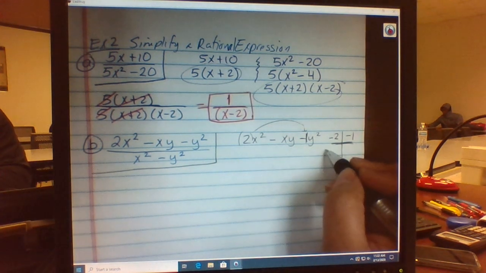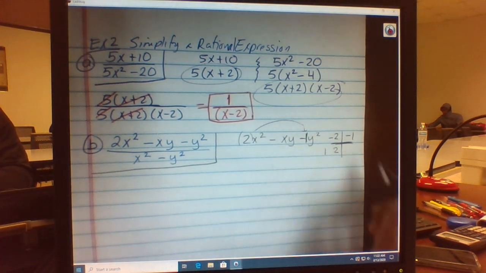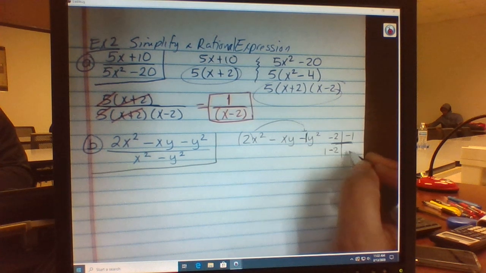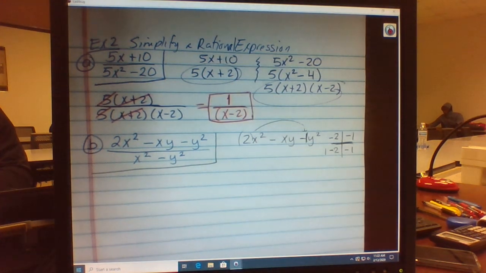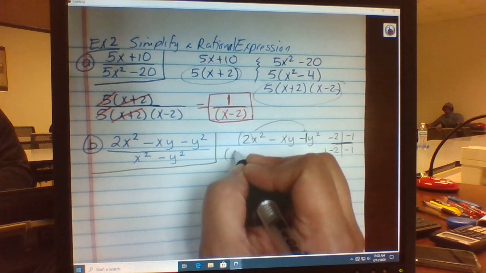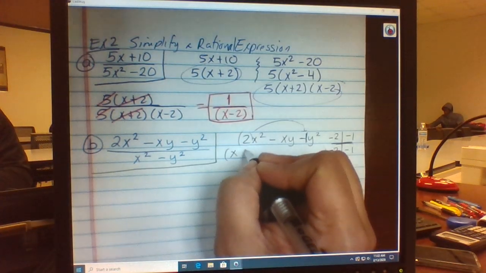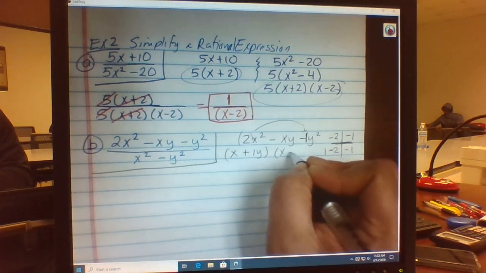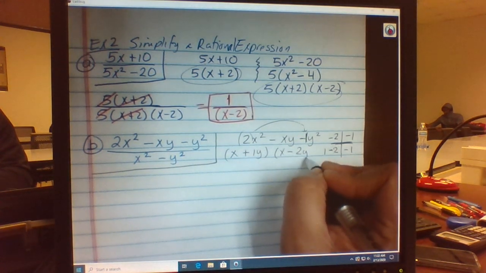What two numbers multiply to -2 and add up to -1? 1 and 2. Who has to be your negative? The bigger number. That way I get that. So when I do this, this is x plus 1y, x minus 2y.